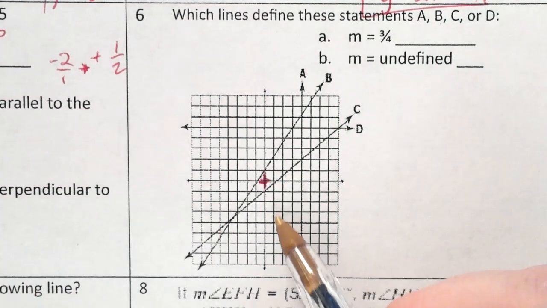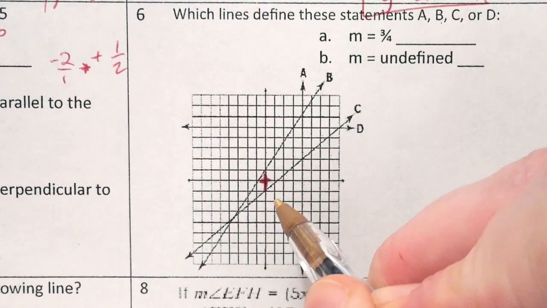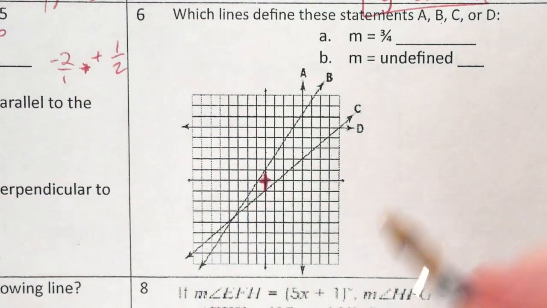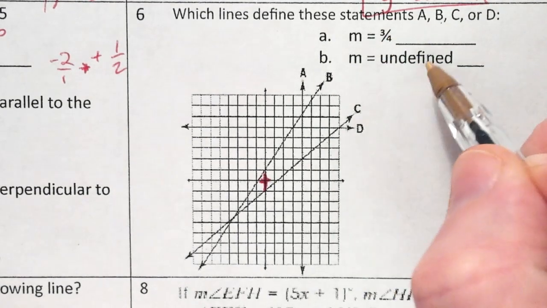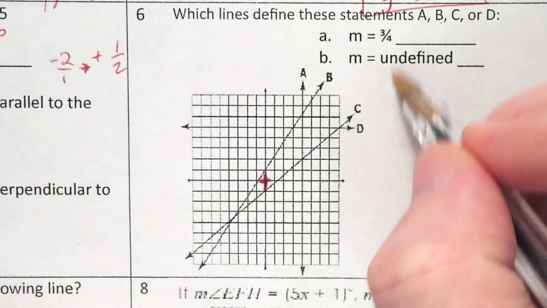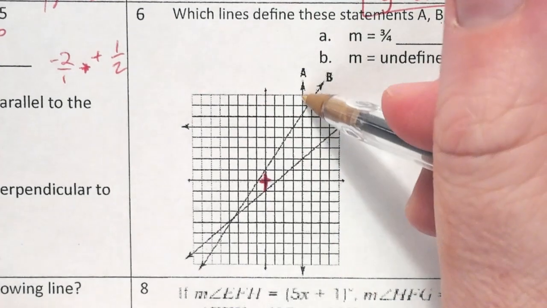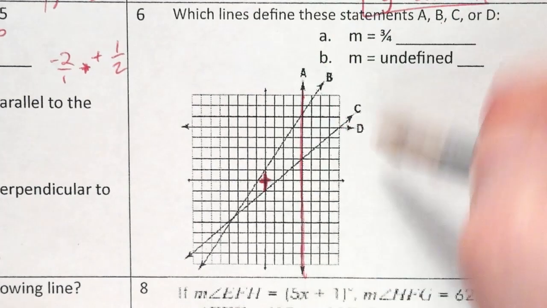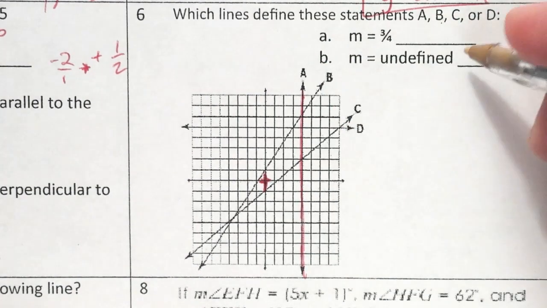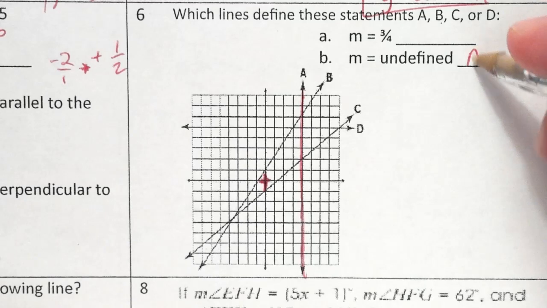That's where 0, 0 is. Just to help that pop out a little better. Okay, so first of all, the undefined slope. Let's skip this one for a second. The undefined slope means that it's straight up and down. So that would be A, because, you know, cliff, right? So that would be line A.